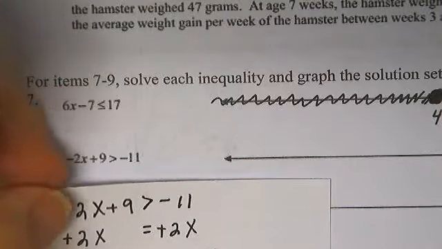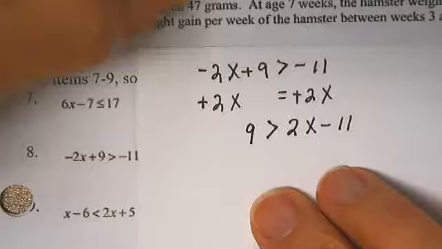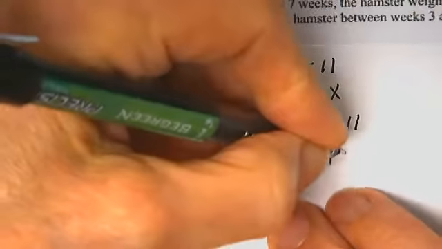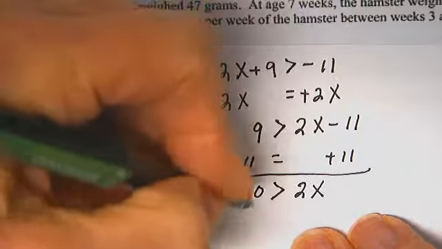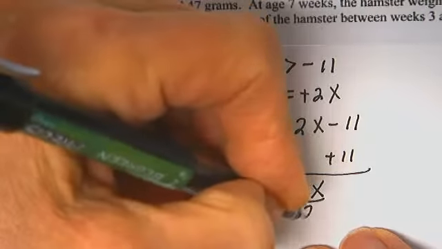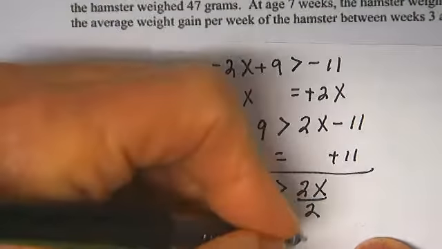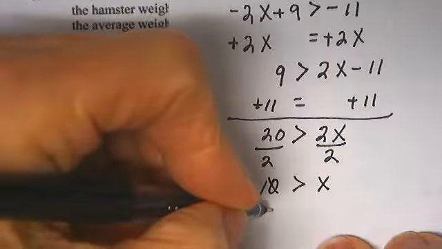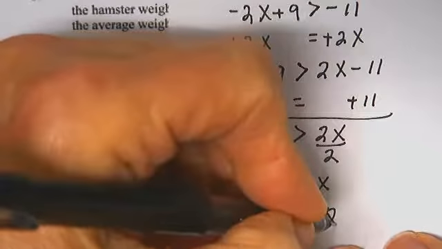Now I add 11 to both sides. That's going to give me 20 is greater than 2x. Divide both sides by 2. So 10 is greater than x, or, to say it another way, x is less than 10.